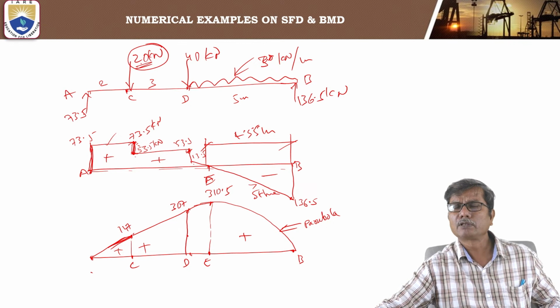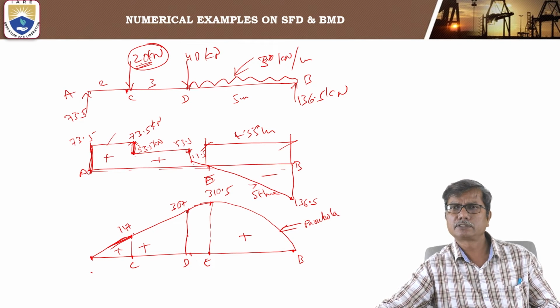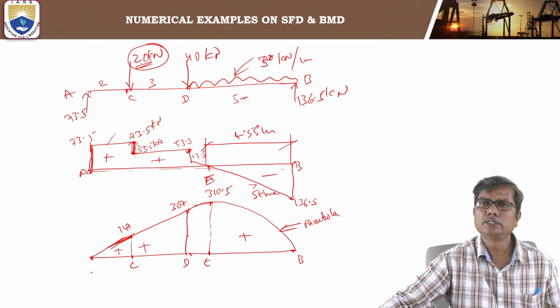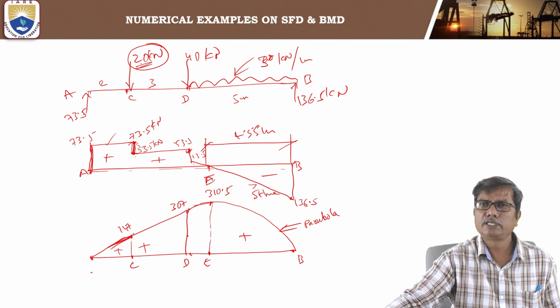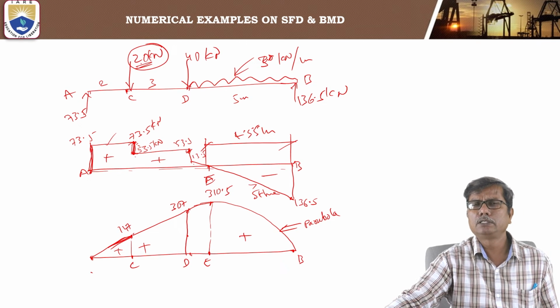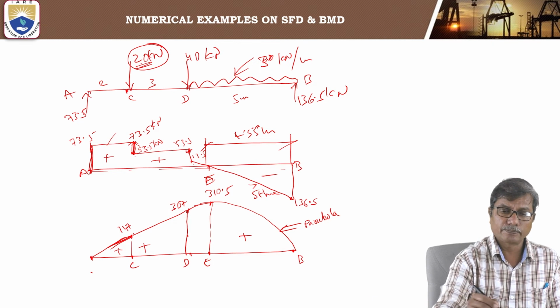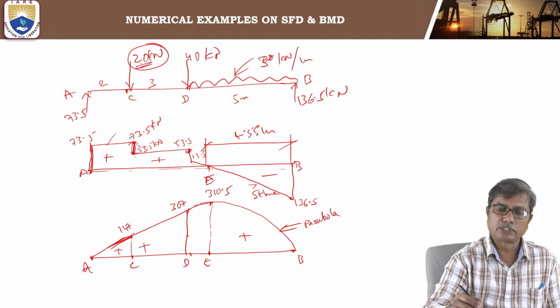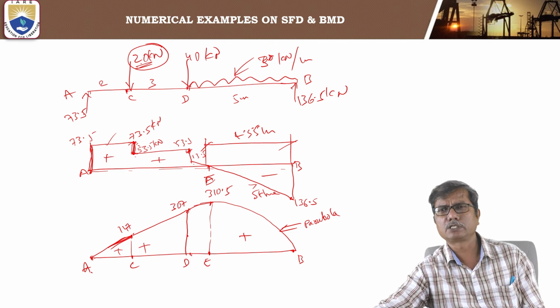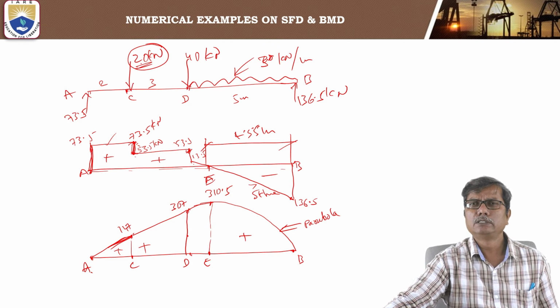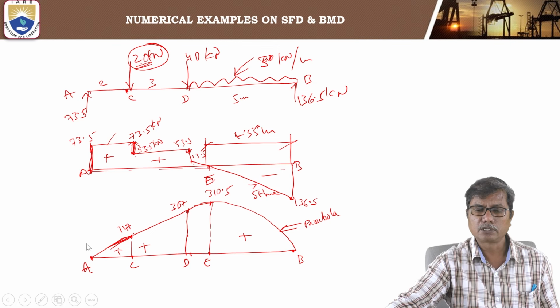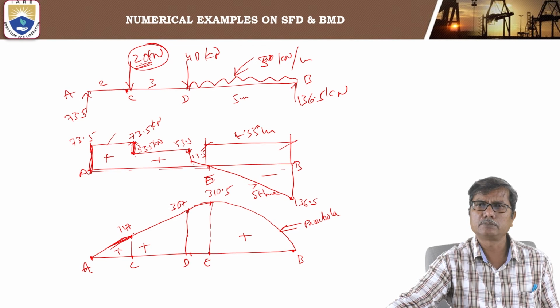But for all the other load cases in a simply supported beam, the beam always sags. That means the bending moment will always be positive between the ends of the beam, except when a couple, a concentrated moment, is acting.